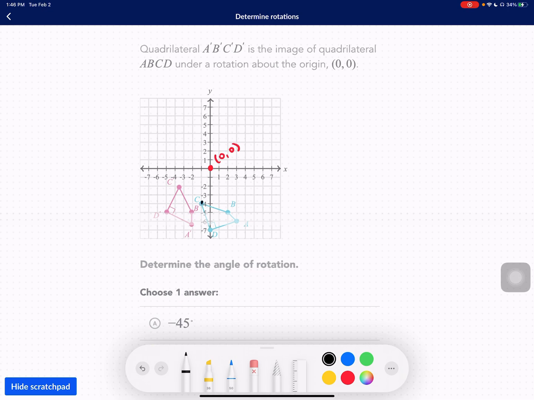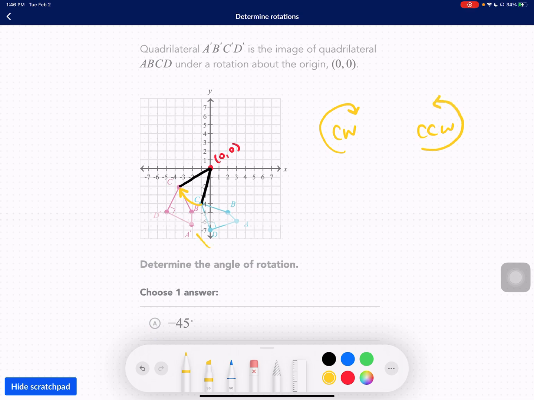If we look at C and see the distance away from our point of rotation and look at C prime, well, we went from C to C prime for this rotation. So we want to see how far we rotated, and are we going clockwise or counterclockwise, which would be this way?